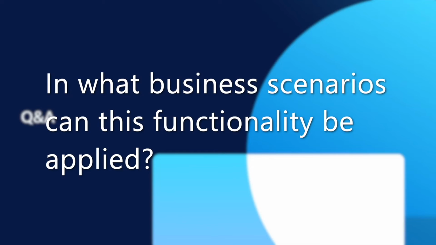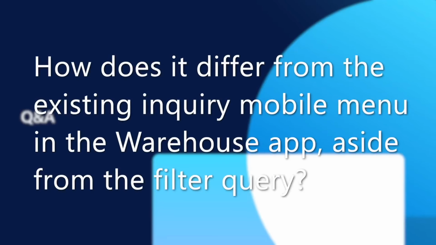The third question is, how does it differ from the existing inquiry mobile menu in the warehouse app, aside from the filter query? In a way, they are both similar functionality. On the warehouse mobile app, we do have item inquiry, where you scan for items and other product dimensions, and you will be able to see the inventory on hand by location, by physical dimension, and by status. This is pretty similar to that.